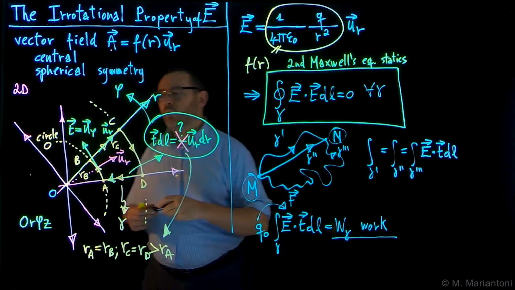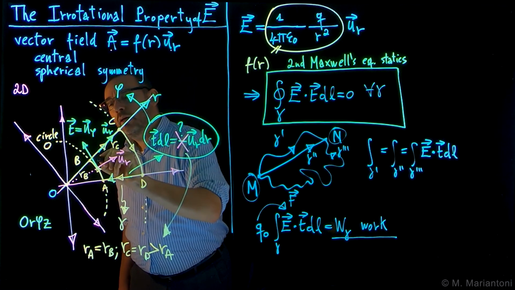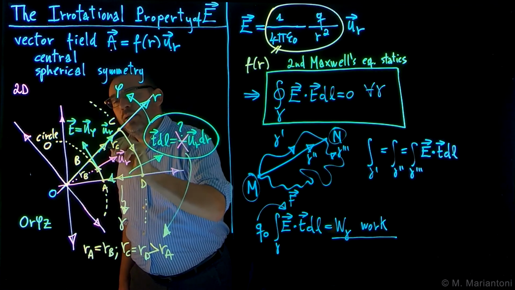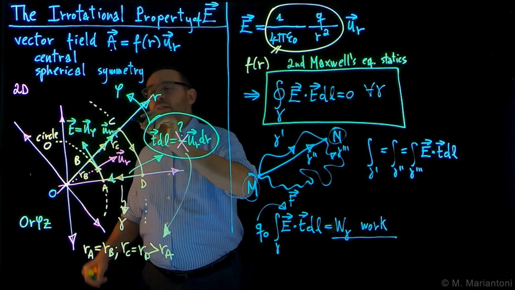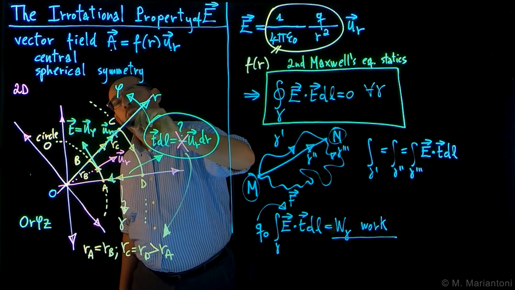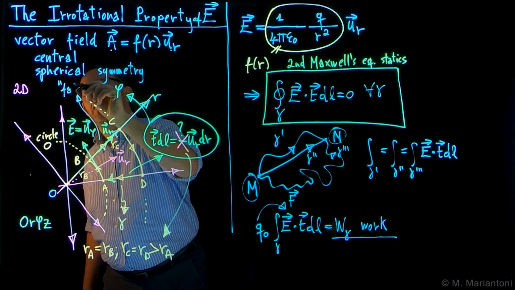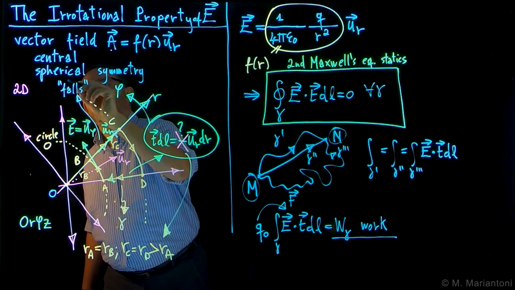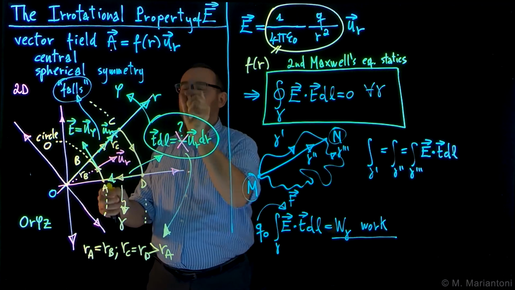So in particular, if my particle q naught is here on this line, from B to C, this particle will follow these lines, and so in this region we say that the particle falls along the field lines. If I leave it there, it goes in this direction.